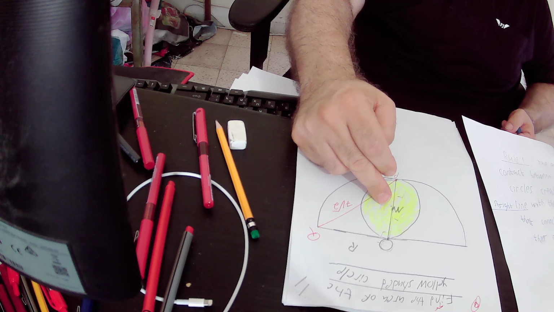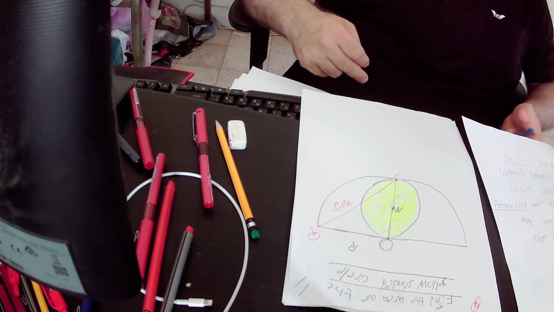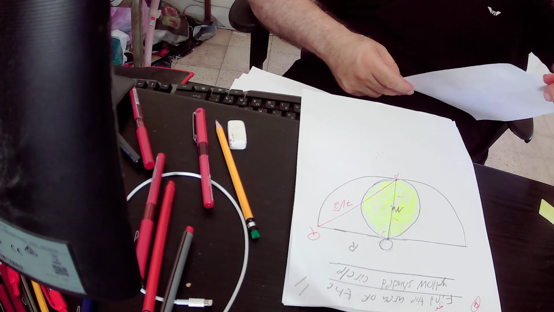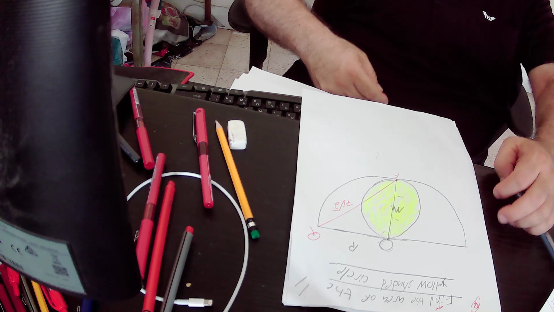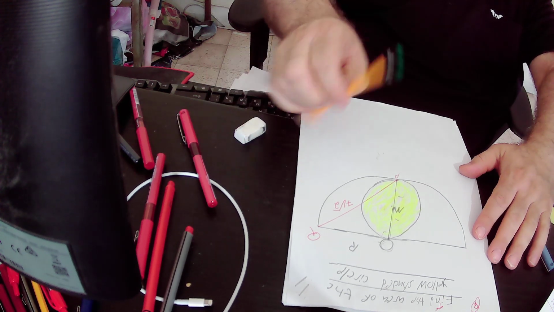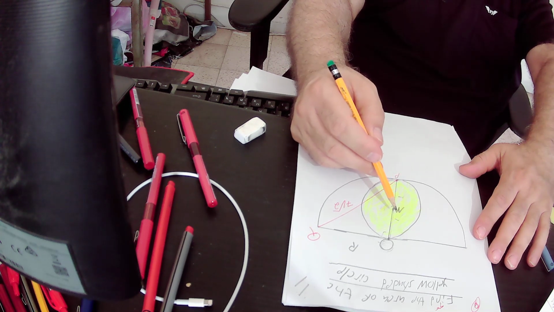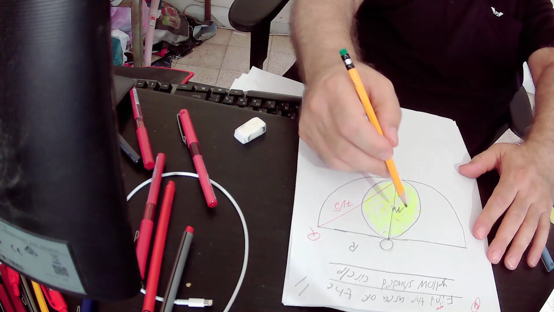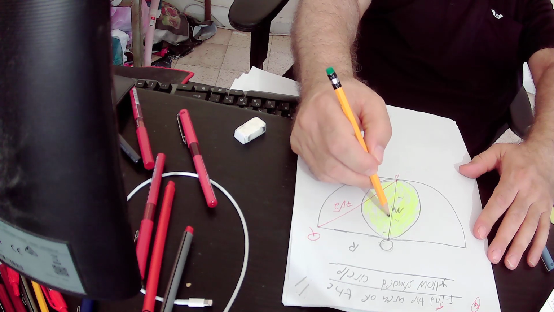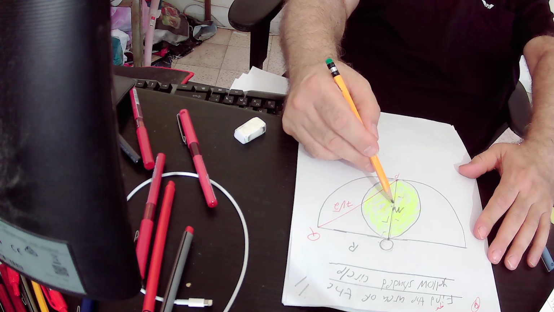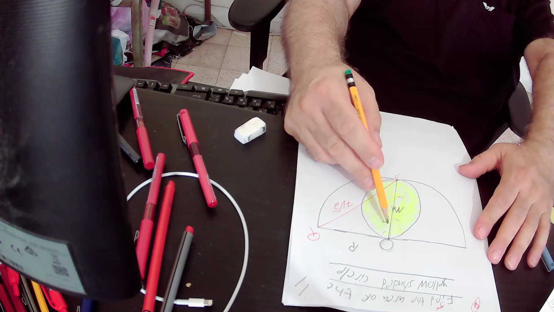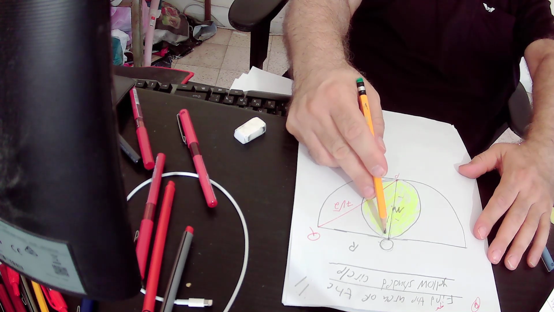Okay? So actually, MO is the radius of the yellow circle, because it exits from the center of the yellow circle and ends at point O, which is a point on the yellow circle.